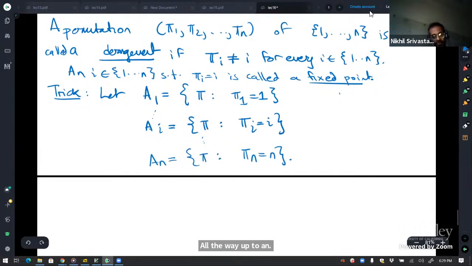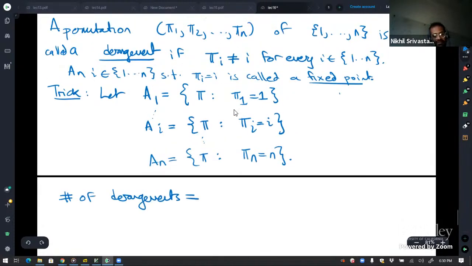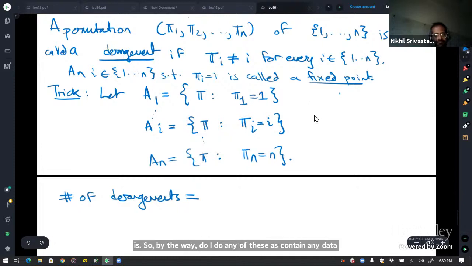Okay, so now the number of derangements is, by the way, do any of these A i contain any derangements? No, by definition they all have at least one fixed point, so they don't contain any derangements.